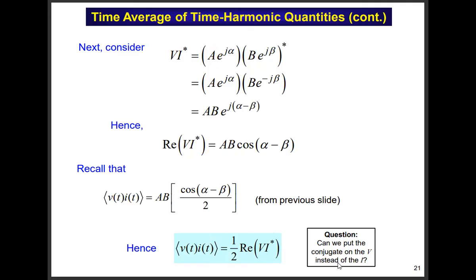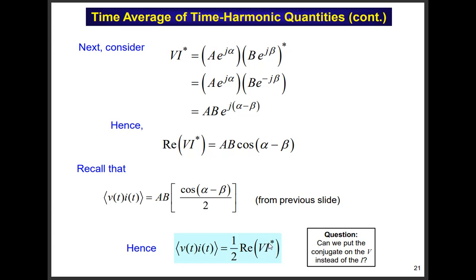Let's answer this question. I always write it like VI conjugate. Would it be valid to say I V conjugate? Is that valid or not? No. Why not? So now if I switch the conjugates, what am I really doing?